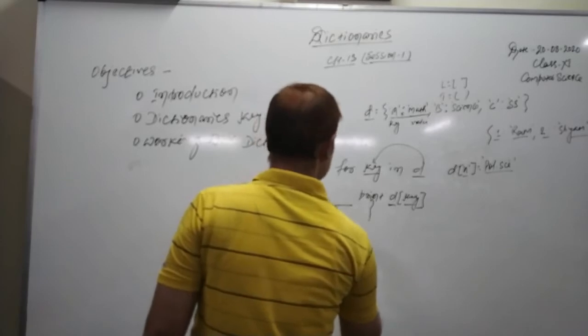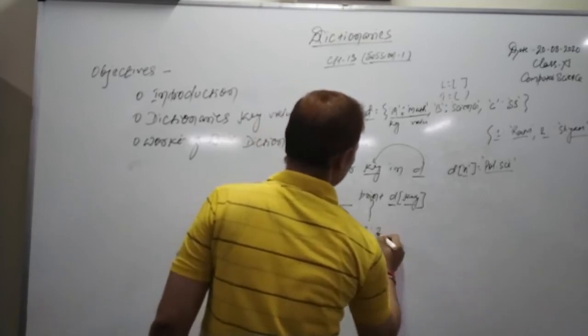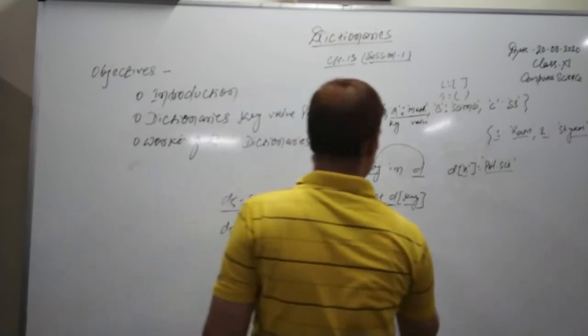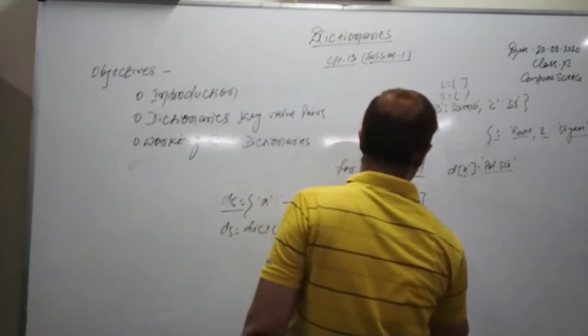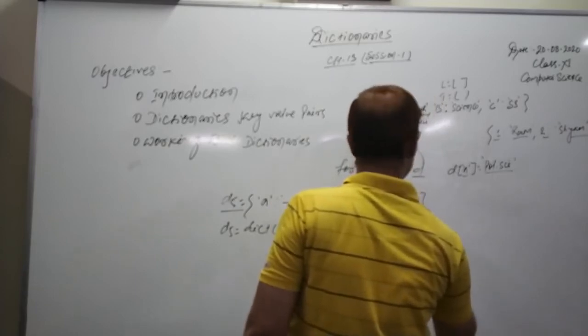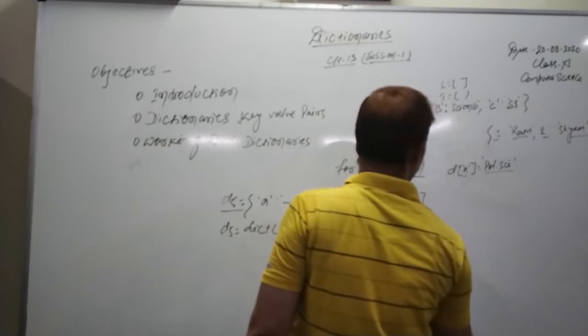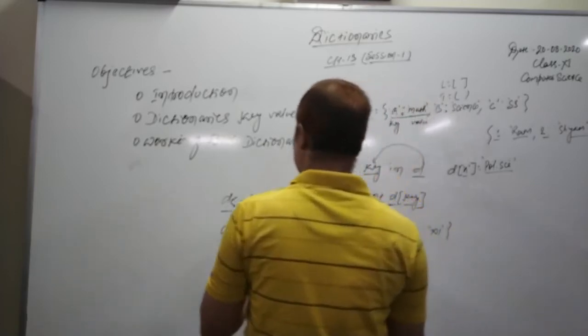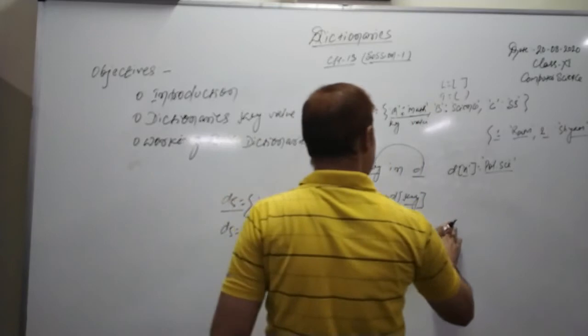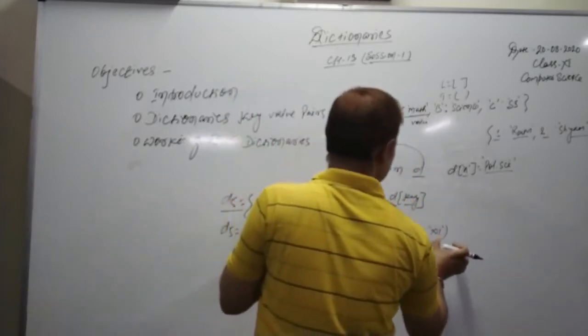And then again you can say comma and suppose age, then age is 25. Then again comma, suppose class, so class is 11th. Likewise you can continue. One way is to just use the dict method and close it, the braces that you have started here.